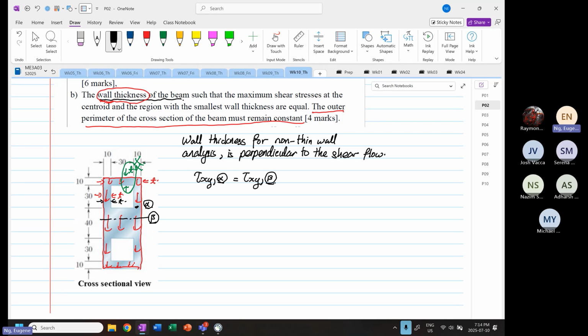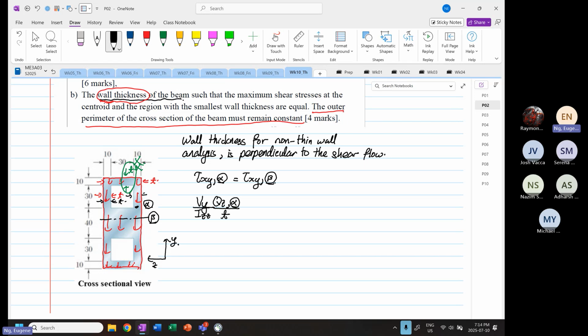So now we are going to write out the formula. Based on this view, this is our Z and this is our Y. We specify Vy over Izz, Qz for alpha, divided by the thickness, which we don't know.